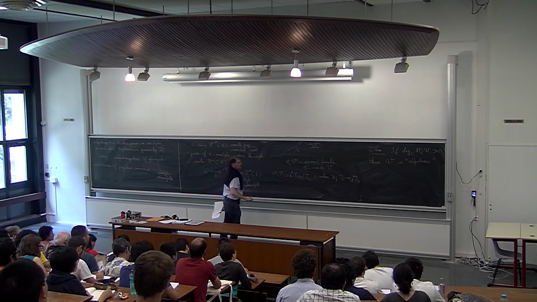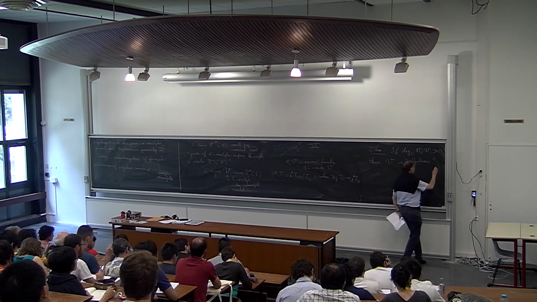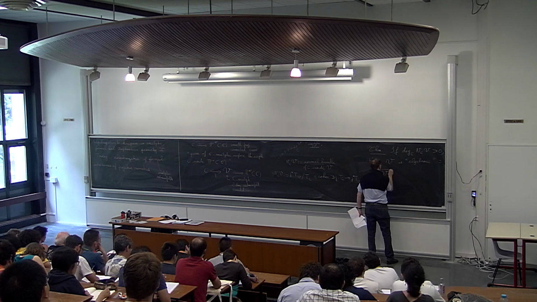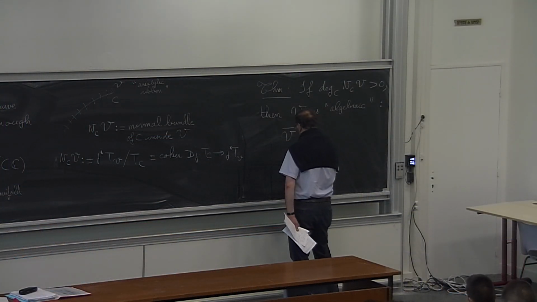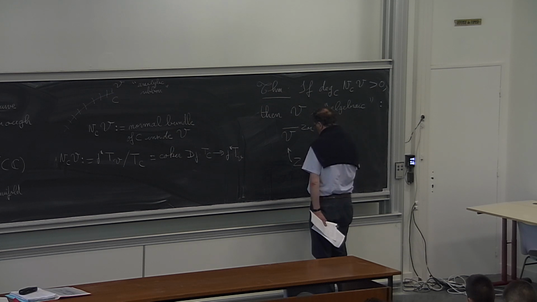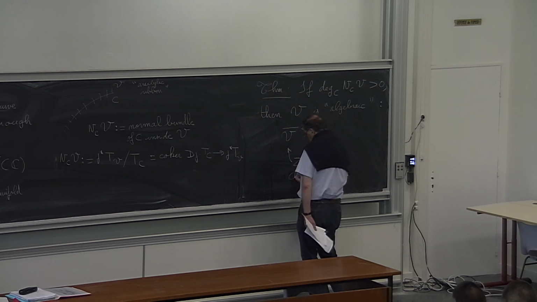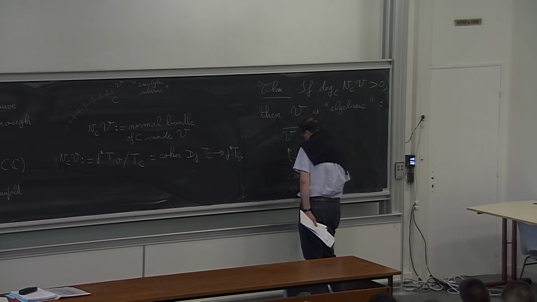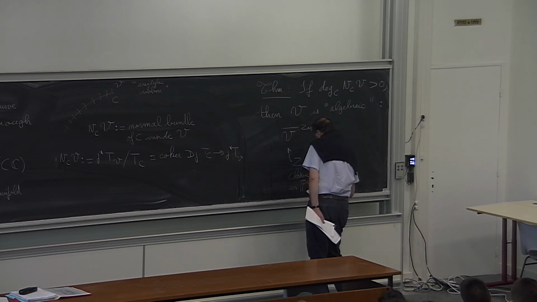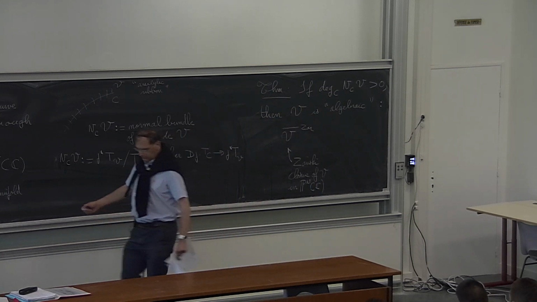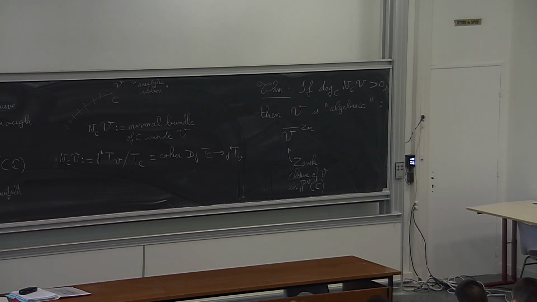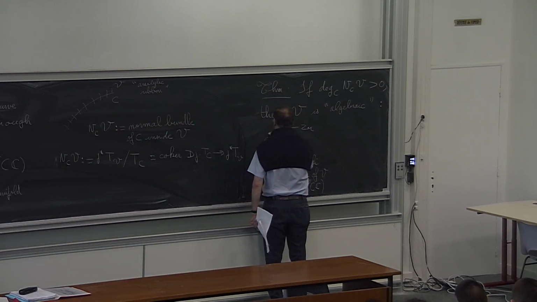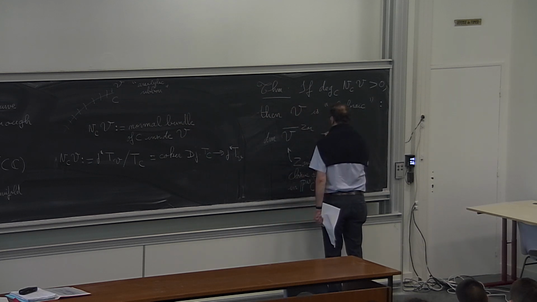A simple way to define this is to say that if you consider the Zariski closure of V in the projective space, it's some closed algebraic subset of Pn of C, and I claim that its dimension is 2.